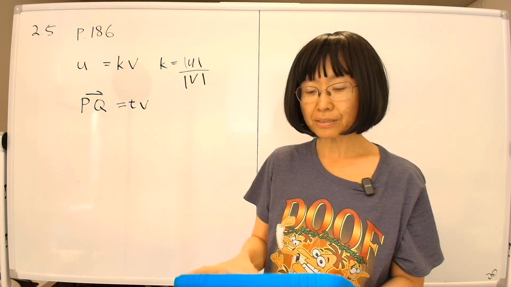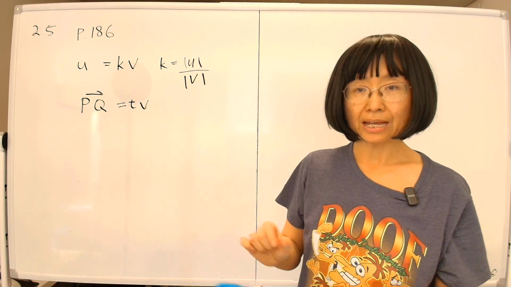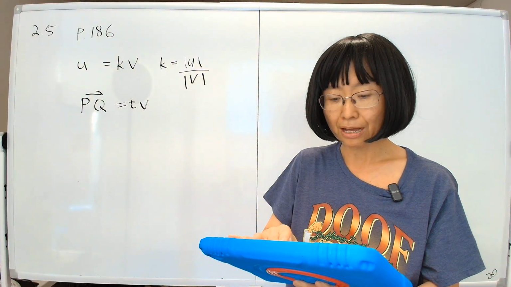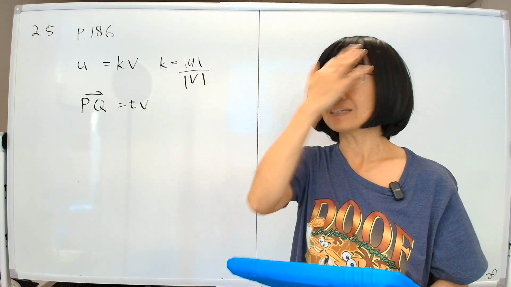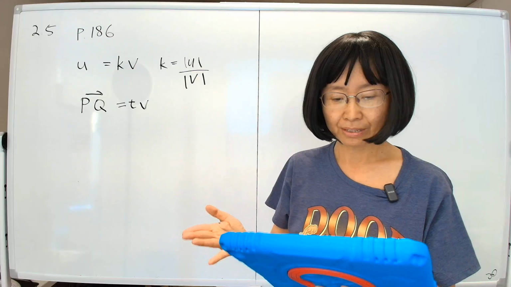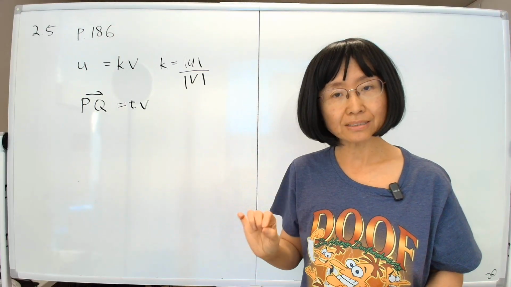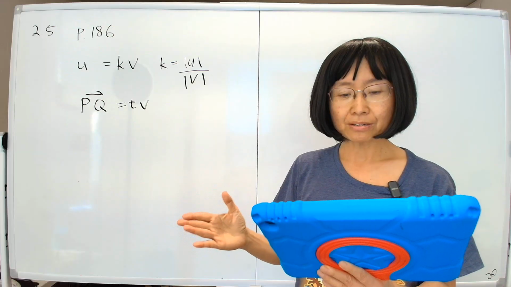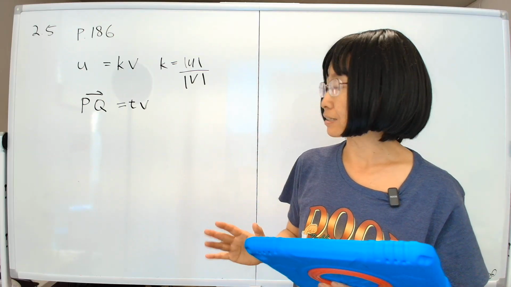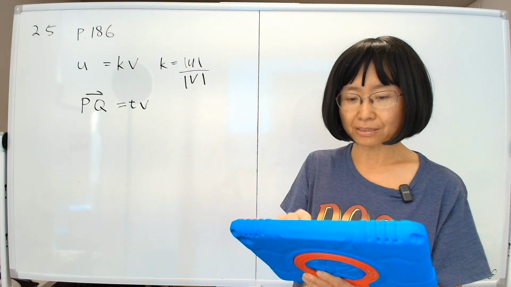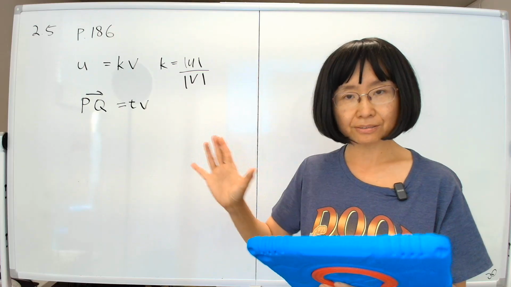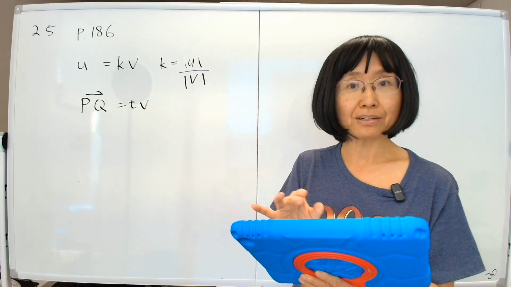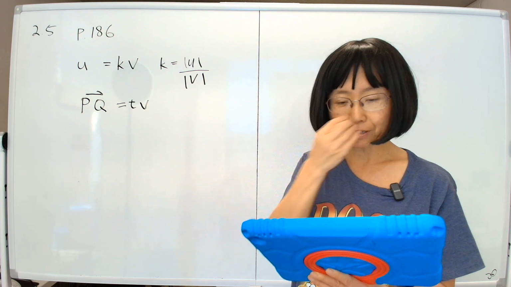Remember, a vector has a magnitude and a direction, but it doesn't have any specific location. That is, its base is at the origin and it shoots up from there. That's how you normally draw a vector. So a vector has magnitude and direction only, and we don't care where it's located. It can be located wherever, right?